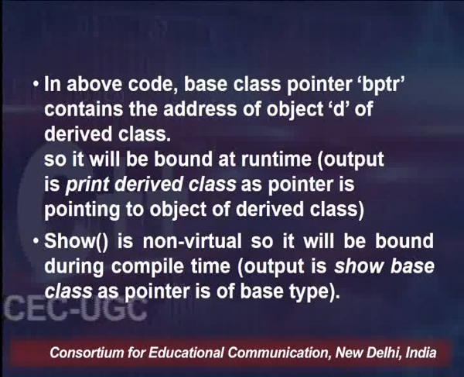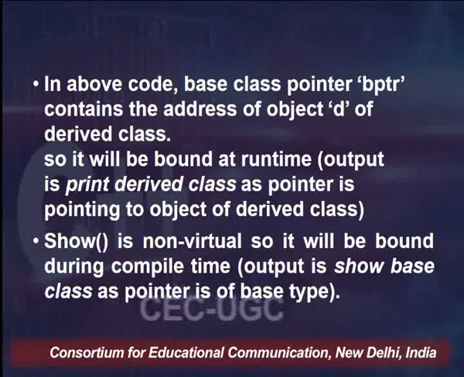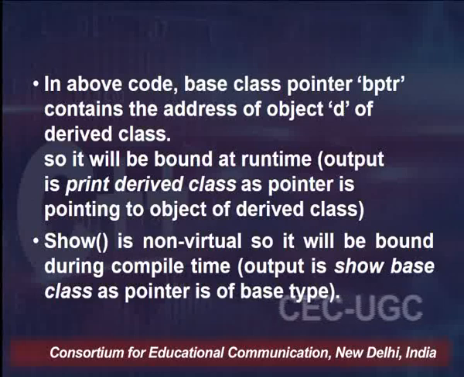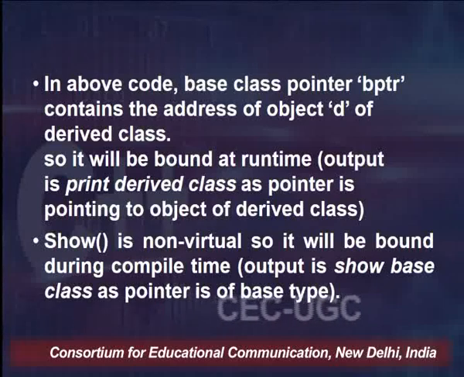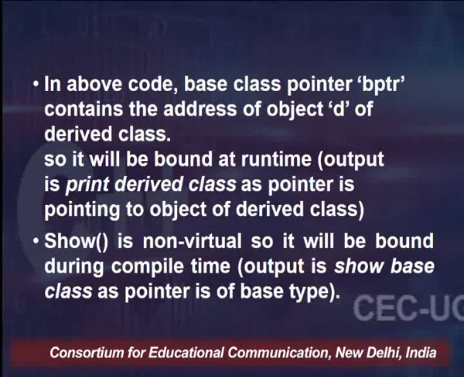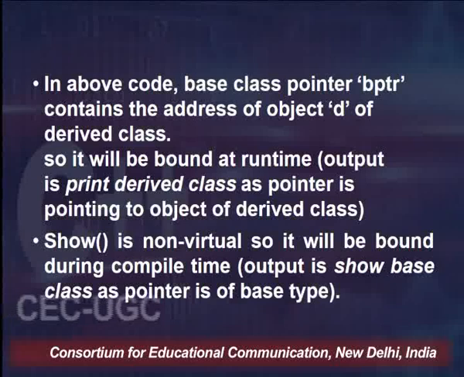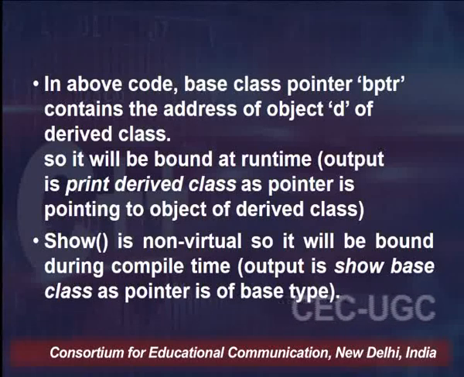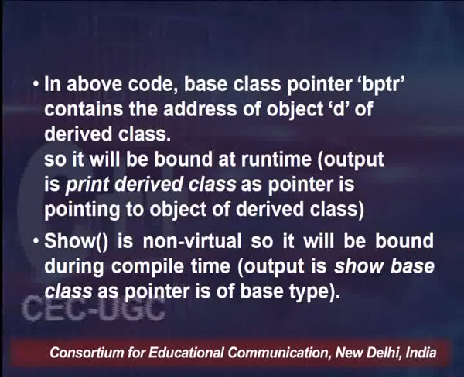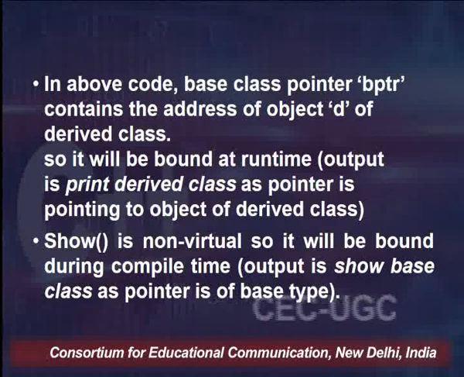So it will bind at runtime, that is, the output is print derived class as the pointer is pointing towards the object of the derived class, and here print is a virtual function, while show, being a non-virtual function, is bound during compile time, and hence the output is from the base class version of show.